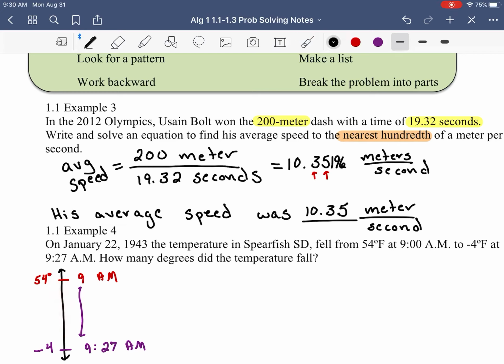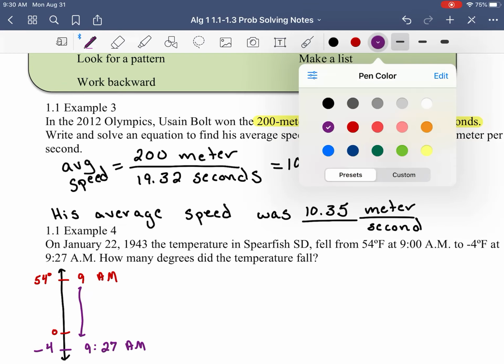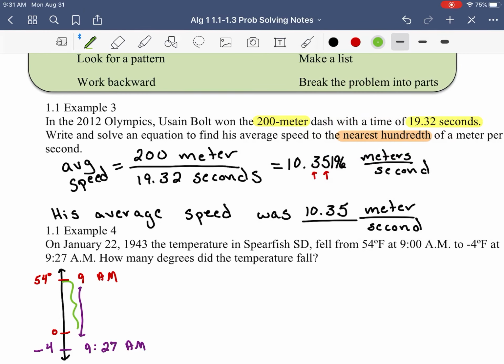So at some point here it reached 0. So from here to here it went down 54 degrees. And then it went down another 4 degrees to get to negative 4. So we would go down, would be negative 58.